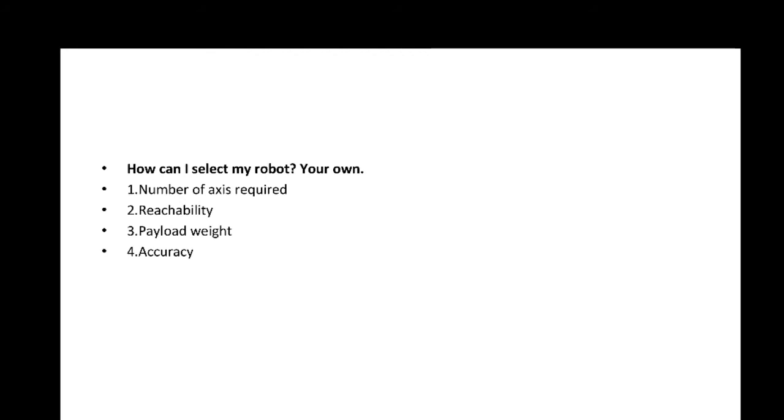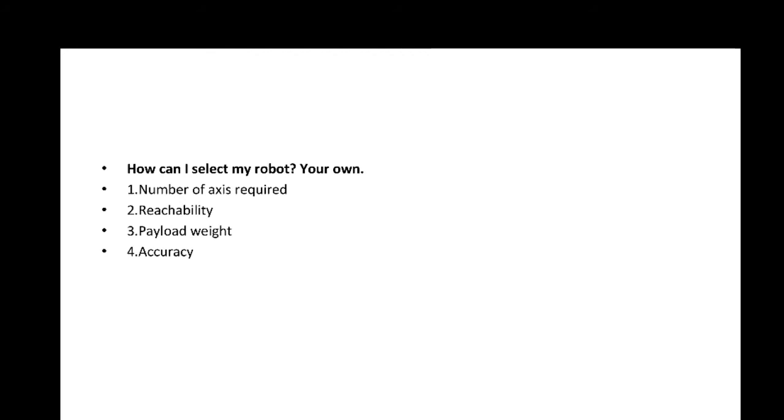Based on that, we have 4 points. Number of axes required, which means the robot has several axes. We will discuss the axis part in the next slides. Second one, reachability.